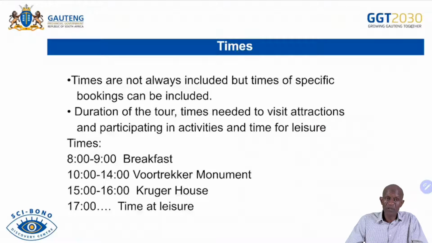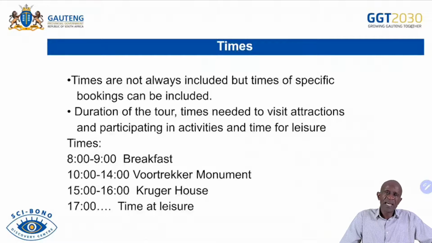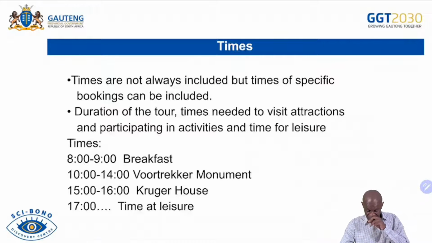From 10 to 14 hours, the tour will visit the Voortrekker Monument. From 15 hours to 16 hours, the Kruger House. And from 17 hours, time at leisure. So time helps you in planning and making your activities as logical as possible.